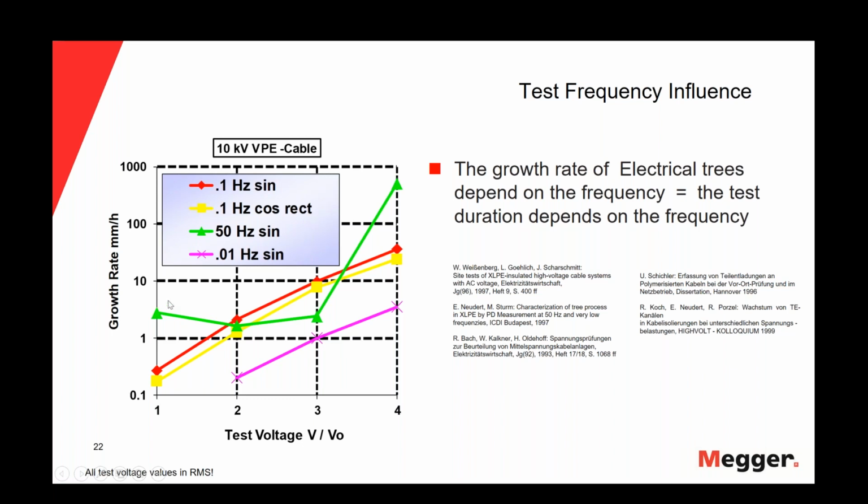So you need to keep that in mind when you decrease the frequency when you are doing a VLF test with a sinus wave shape. If you decrease the frequency, you need to increase the time in the same proportion, okay?